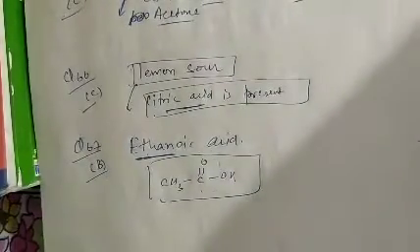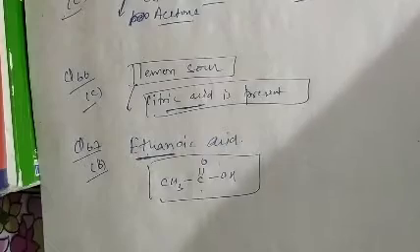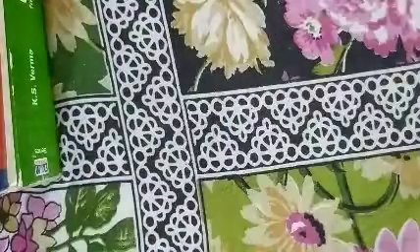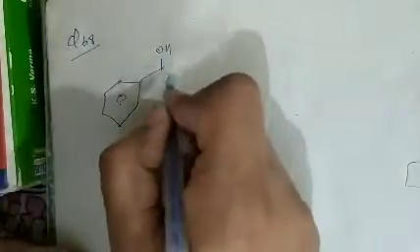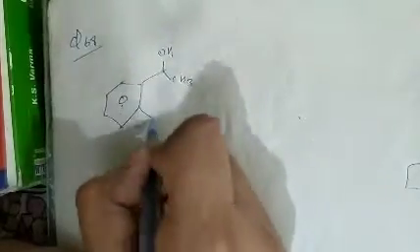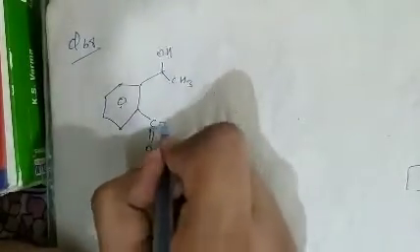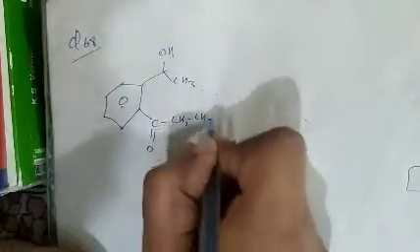See question number 68. In question number 68, what is given there? The compound neither reacts with neutral FeCl3. See the compound, if we take option C, the compound is OH CH3 and here it is C double bond O and C2H5, meaning CH2CH3.